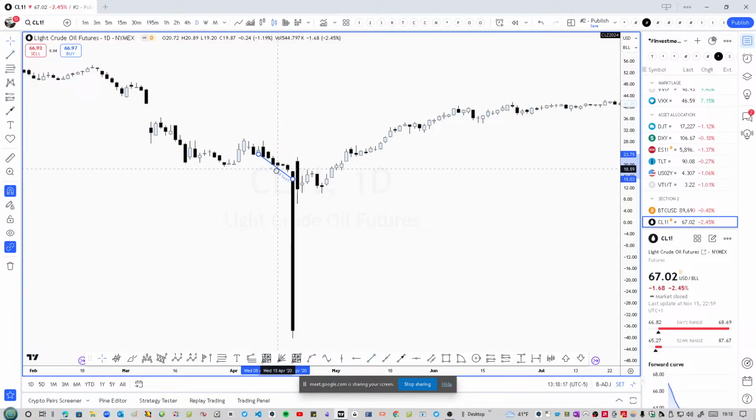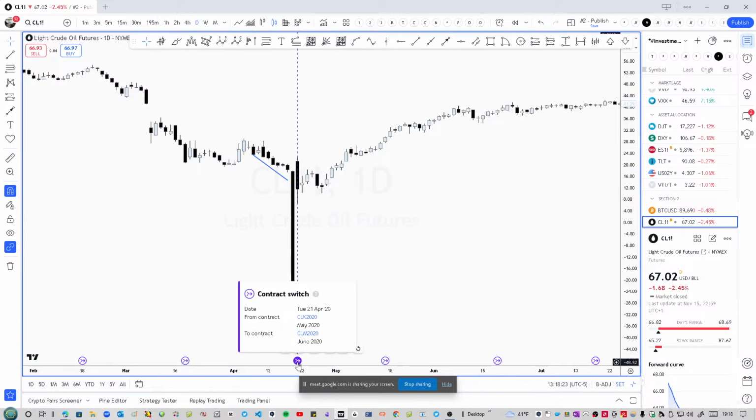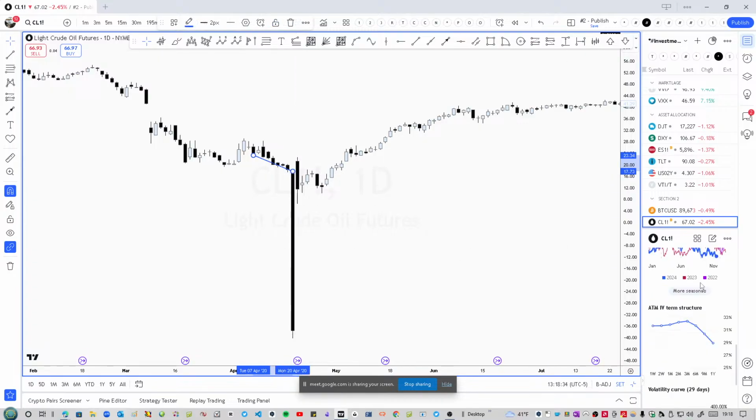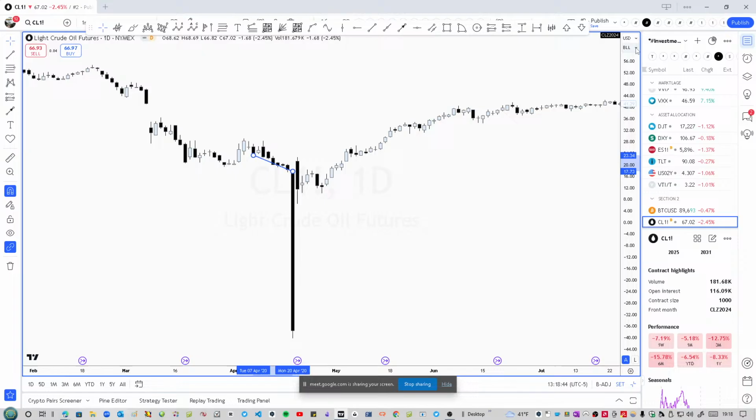And if they keep this contract open till the expiry date, which was here, the 21st of April 2020, they will get oil delivered. And each oil contract has a contract size of 1000. So for each contract, you get 1000 barrel, you see it here, BBL.